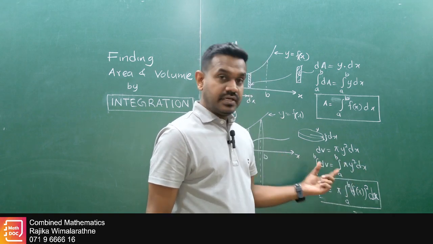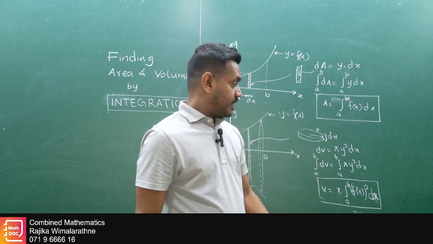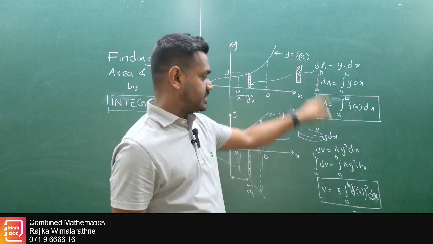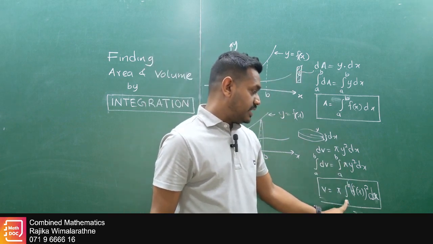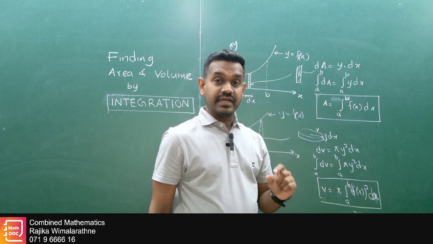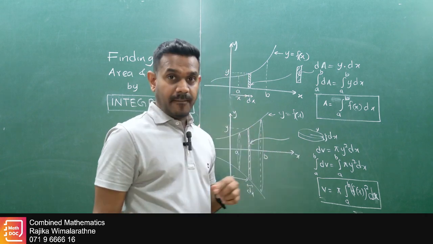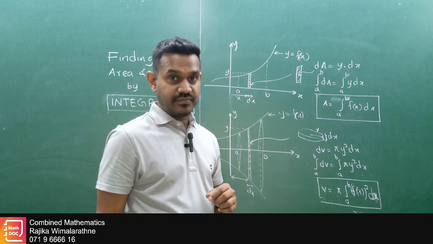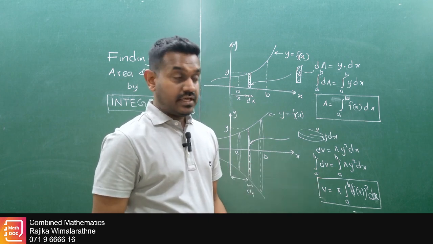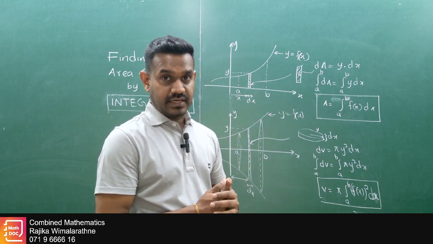This represents the required volume. Then you can take pi outside. Instead of y, you say f(x). Then remember, pi times the integral from A to B of f(x) squared dx represents the volume bounded by this rotation of the function. You had better remember these relations directly, because definitely you can apply them directly.